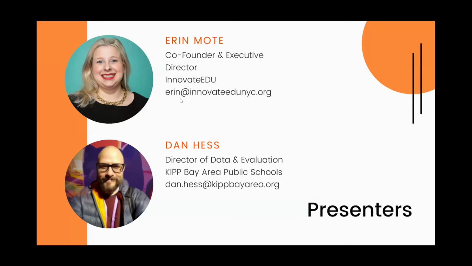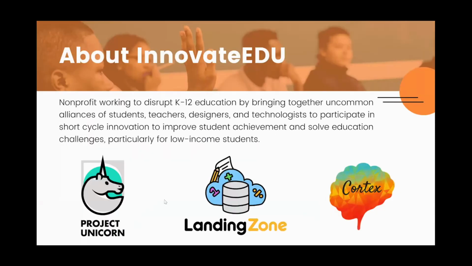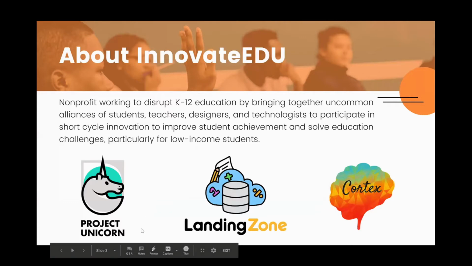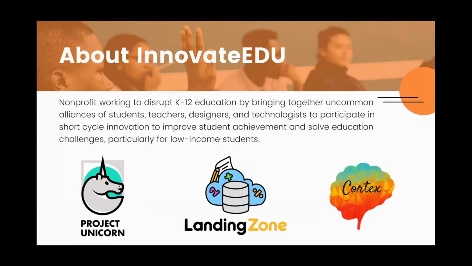So in the spirit of InnovateEDU, which is a national nonprofit located in Brooklyn, New York, we are a disruptive force in K-12 education that really thinks about bringing together uncommon alliances of students, teachers, designers, and technologists to really think about how do we meet the needs of the field.